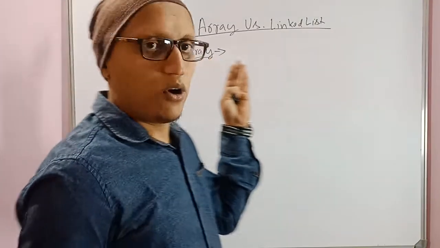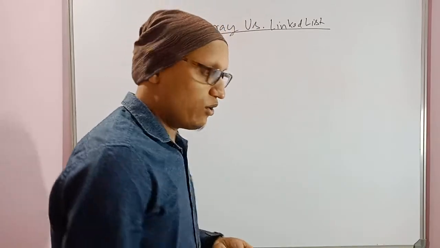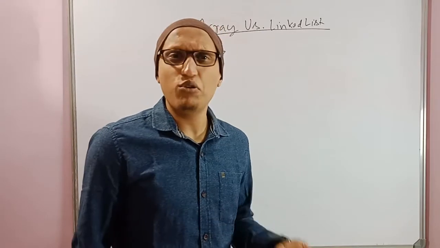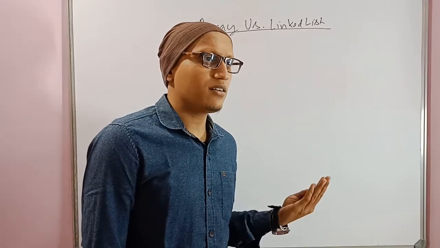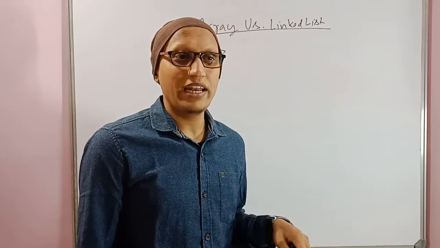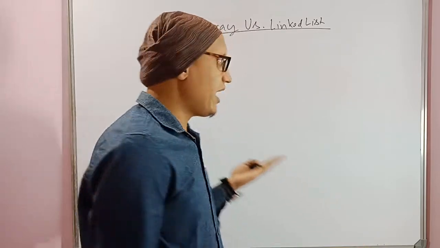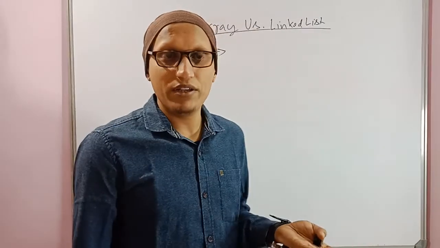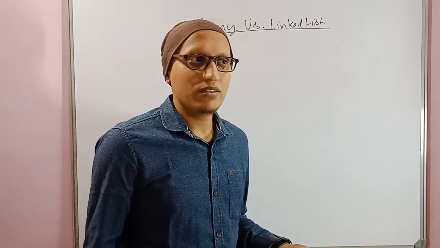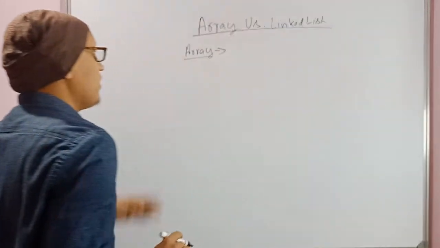So we'll talk about how an array actually occupies memory in our OS using any programming language. Here I'm not going to use any specific programming language; this is a general data structure example, which can be developed using any language.